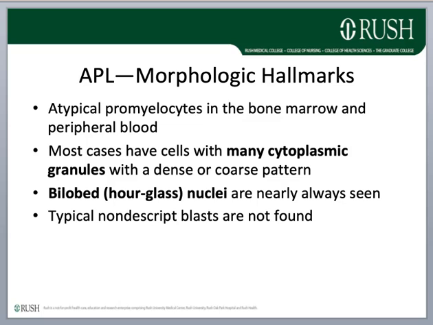Now, these granules may either have a dense or coarse pattern, which often obscures the nucleus, kind of like basophils, if you remember. The cells of APL also differ morphologically from those of normal promyelocytes in that they are larger and typically have creased, folded, bilobed, kidney-shaped, or dumbbell-shaped nuclei. The typical nondescript blasts that we see in other forms of AML are not found.